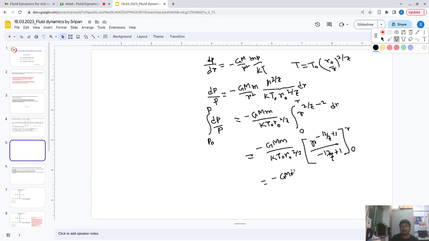G M m by k T naught, r naught, 2 by 7, and then minus 5 by 7, so this should be a plus here, and this would be 4 by... maybe plus, might be 7 by 5, and this should be r to the power minus 5 by 7, so 1 by r to the power 5 by 7.